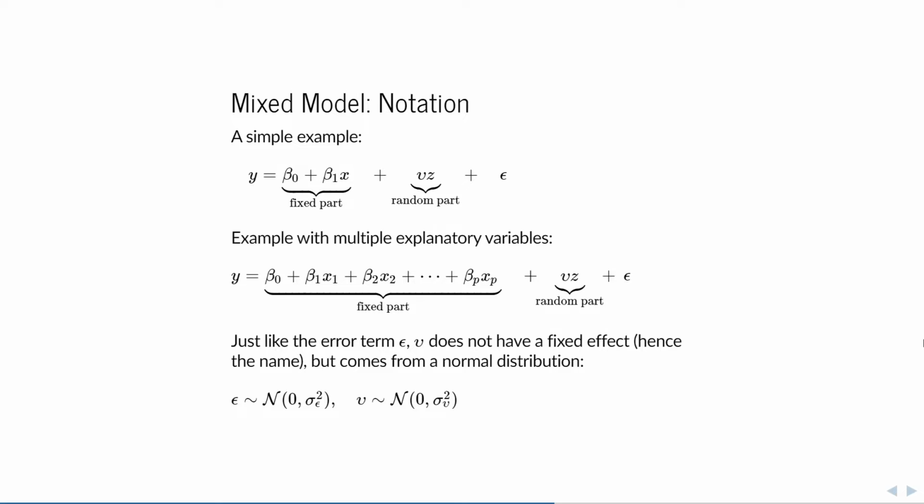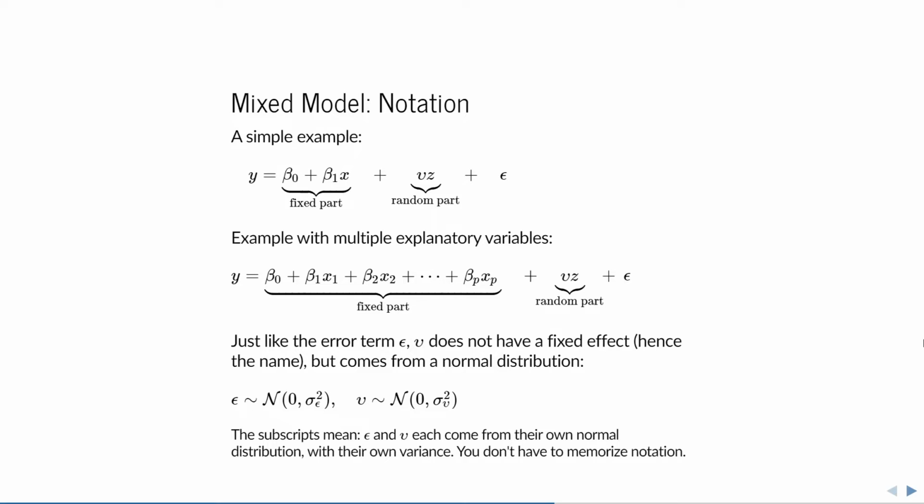Epsilon is distributed normally with a mean of 0 and sigma squared epsilon. And u, so epsilon sounds similar, but the U-looking sign is also distributed normally, also with a mean of 0, but with a different variance, sigma squared u. So that's what the subscripts mean. It just means that they each have their own normal distribution with their own variance. But again, this is just for completion. You don't have to memorize this notation.